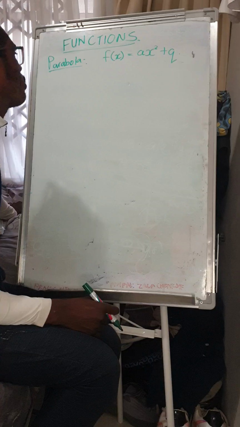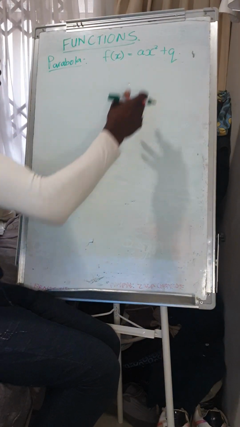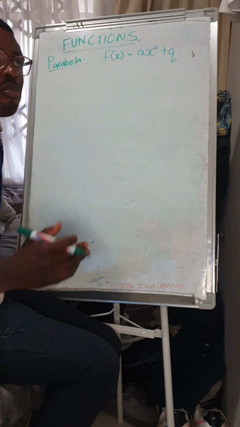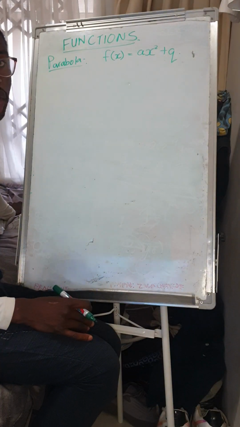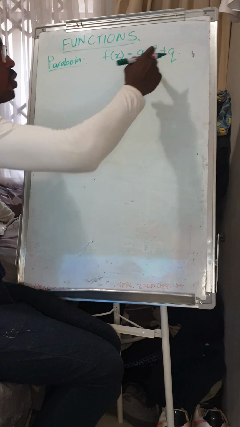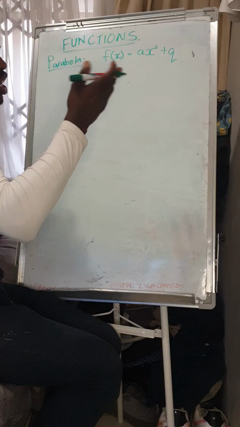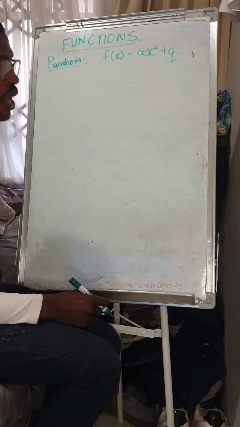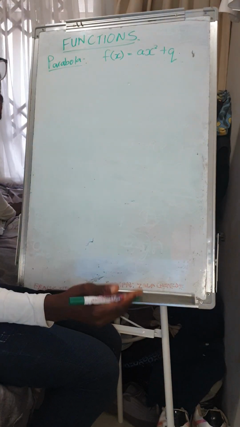So a determines the shape by concavity, and q determines the y-intercept, which is also the TP. Only in grade 10, master this. The TP is only this one in grade 10, but when you get to grade 11 it's going to change, because even the form of the parabola is going to change. So now we were doing how to determine the equation of a parabola.